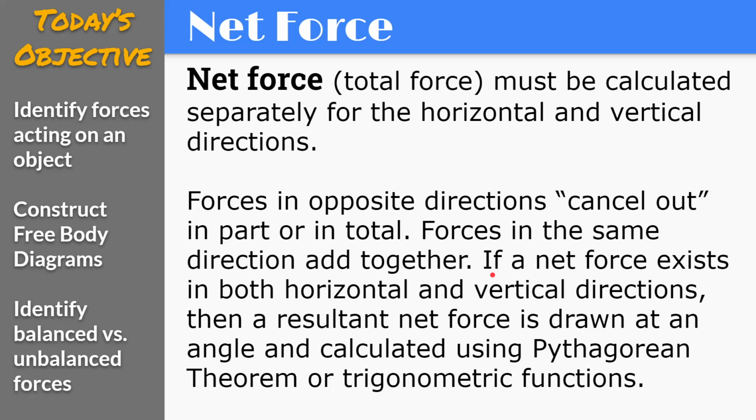If a net force exists in both the horizontal and vertical directions, then a resultant net force is drawn at an angle and calculated using the Pythagorean theorem or trigonometric functions, sine, cosine, tangent, all that fun stuff. You'll be doing similar things with this unit as you were doing with projectiles.